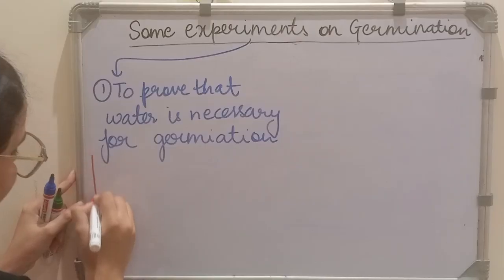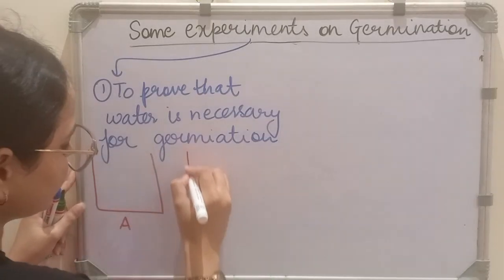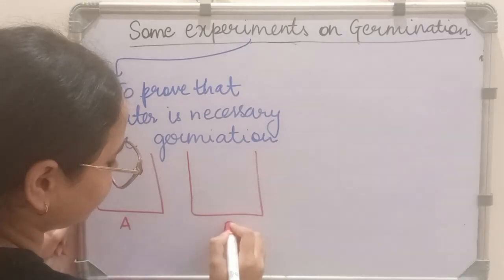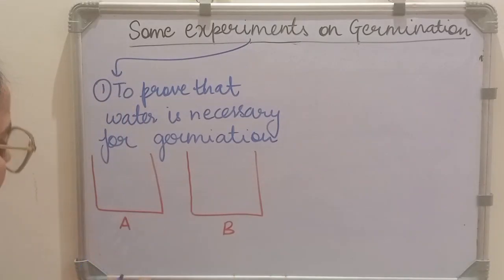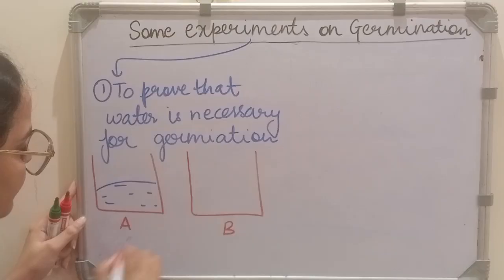So suppose this is the beaker A which we have taken. This is beaker B which we have taken. Now in beaker A we have placed wet cotton. So here we have wet cotton.